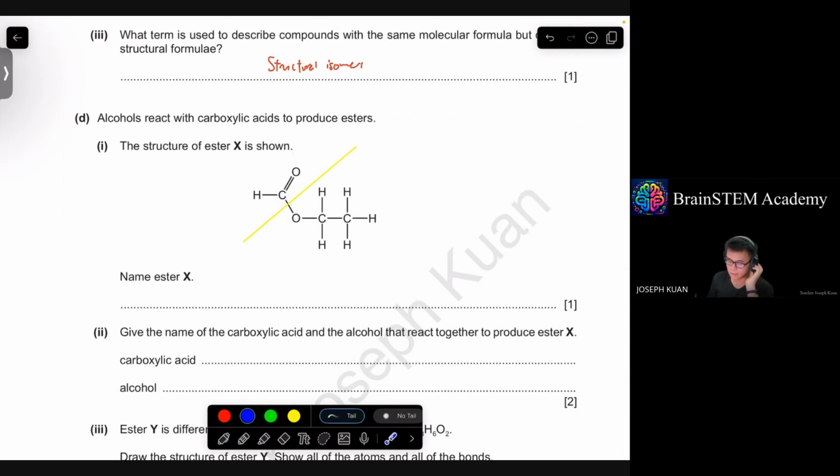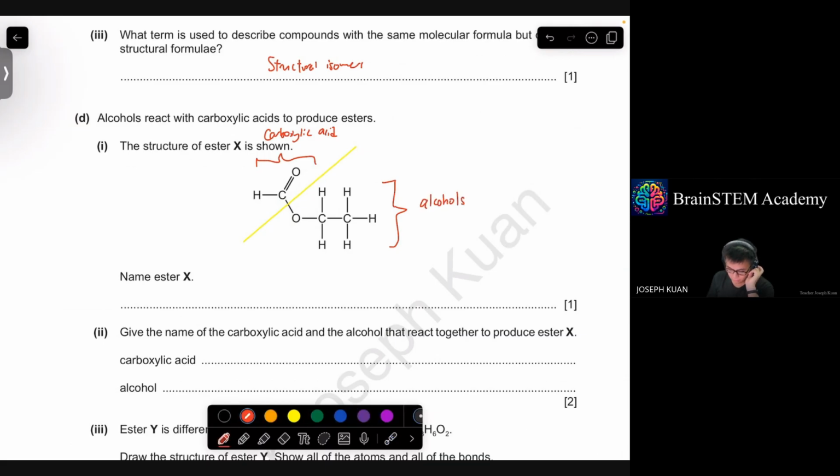We cut in between that, and then we are able to recognize that the one with the carbon-oxygen double bond is originating from the carboxylic acid. And the one that has the oxygen atom with 2 single covalent bonds will originate from the alcohol.